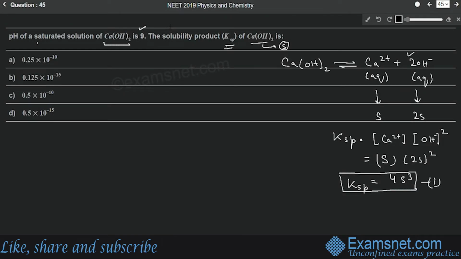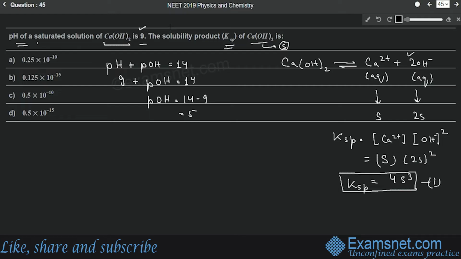Now let's come back to the question. It is given that pH of saturated solution is 9, and we know that the sum of pH and pOH is 14. pH is given as 9. So can we find out the value of pOH? Simple. It will be equal to 14 minus 9, that is 5.